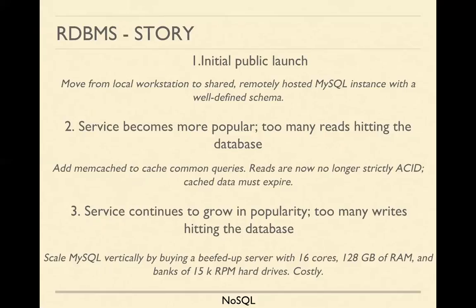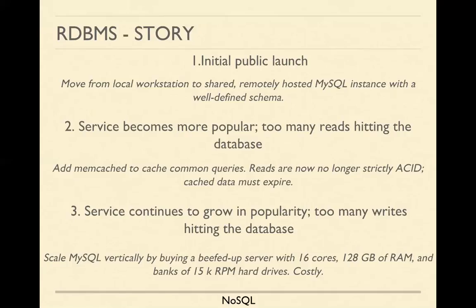Here we are talking from the perspective of the database, because the database is the one which is maximally loaded. From day zero, the initial public launch, we're pretty happy. We open the champagne bottles and do the initial public launch. Life is great on day zero. Suddenly, you do some PR, you publish in a newspaper, and the service becomes very popular.